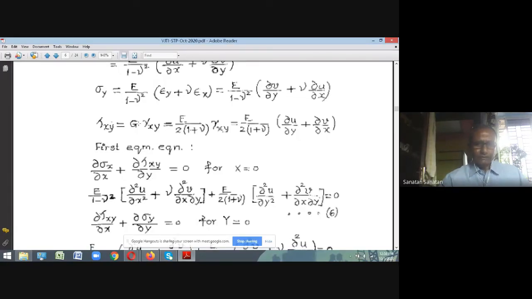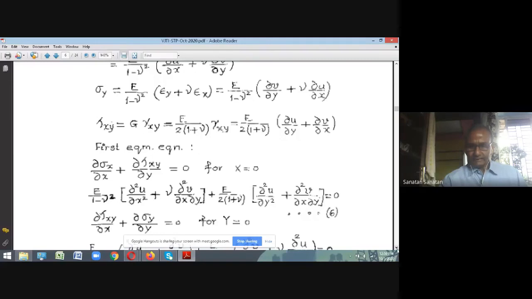Writing the stresses in terms of the displacement, the first equilibrium equation is converted into E by 1 minus mu square, delta 2u delta x square plus mu times delta 2v delta x delta y, plus E by 2 into 1 plus mu, delta 2u delta y square plus delta 2v delta x delta y. So when I write it in terms of the displacement functions u and v, I get one equation.